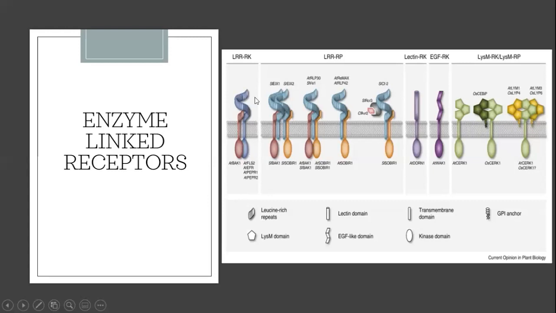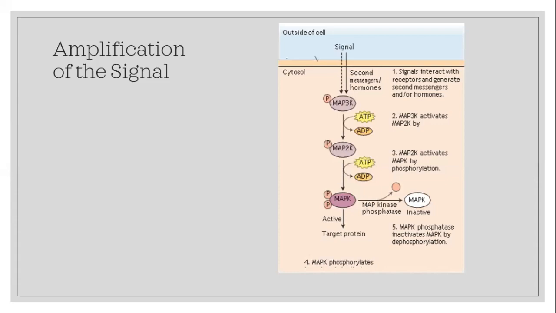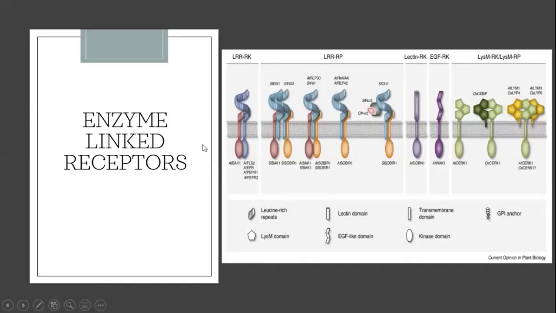The extracellular part is for binding of the ligand. The transmembrane part is basically for anchoring the receptor, and inside the cell, the part present is the kinase domain. This kinase domain is basically a kinase enzyme that can transfer phosphate from one molecule to another.